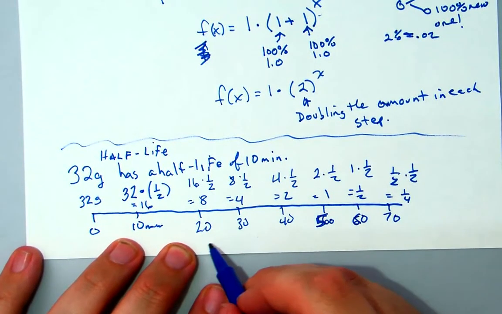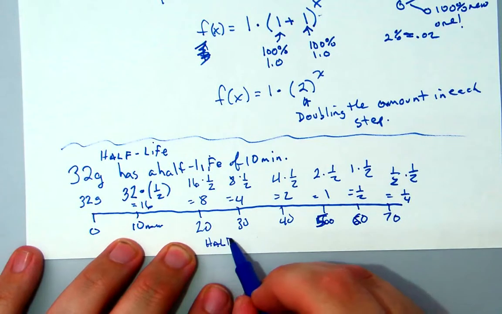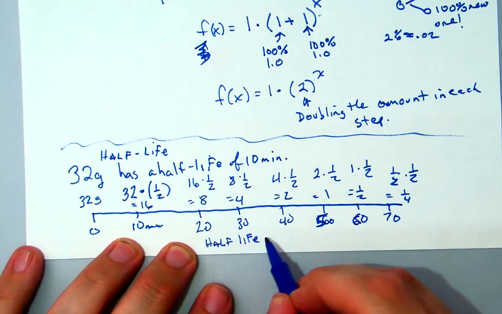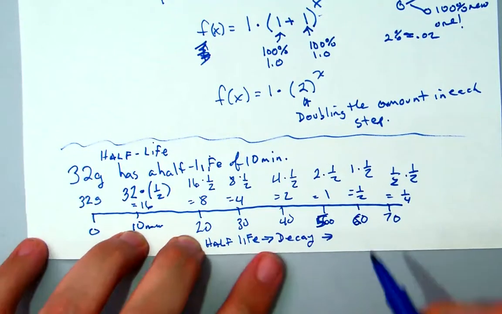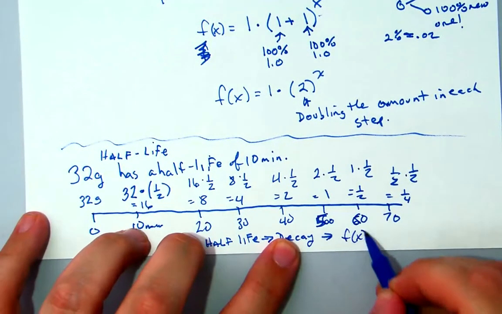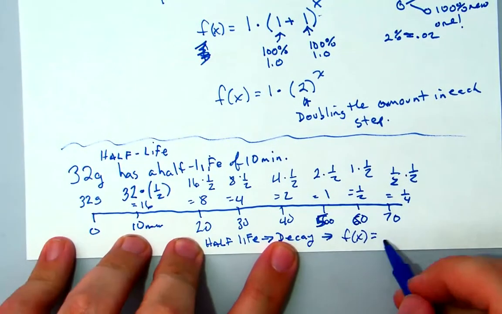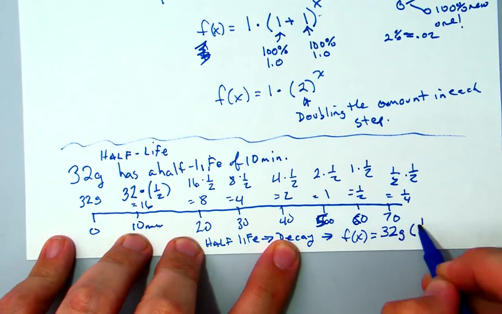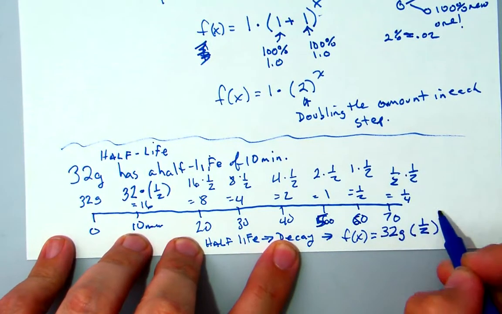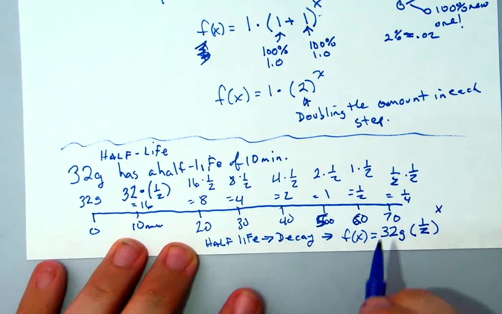So for a half-life, this is a decay model because we're losing amounts. You'd say f of x is going to be equal, in this case, to the original amount, which was 32 grams, times 1/2, because we're cutting it in half and raising it to the power x.